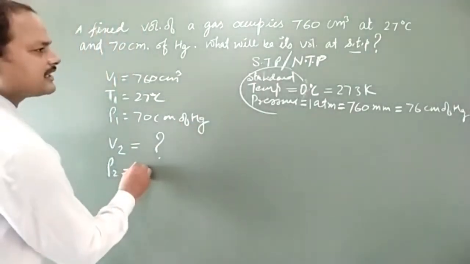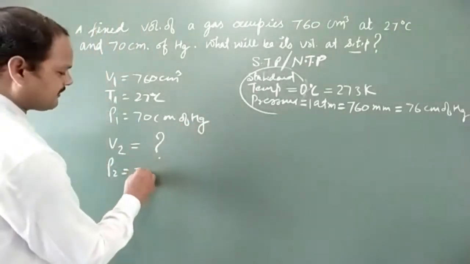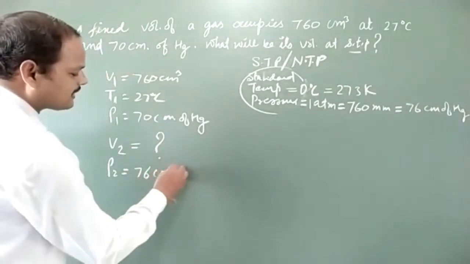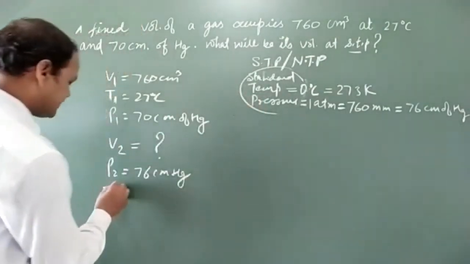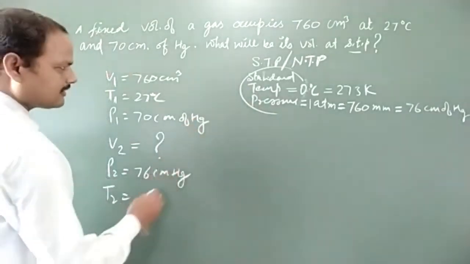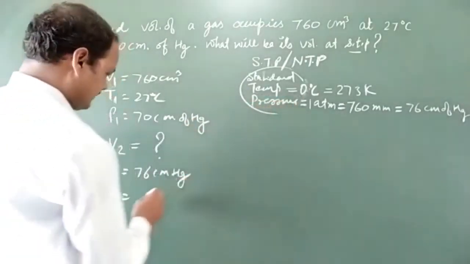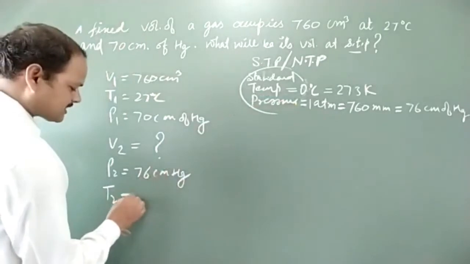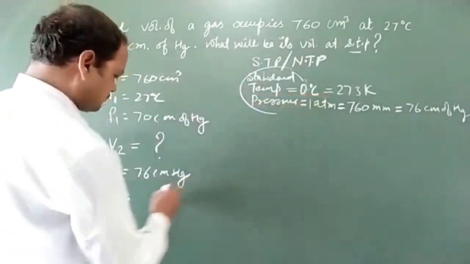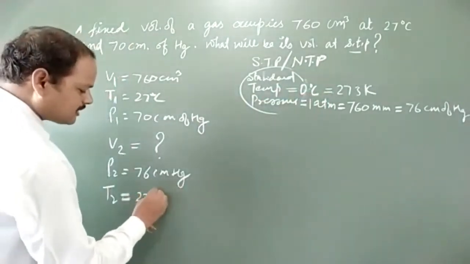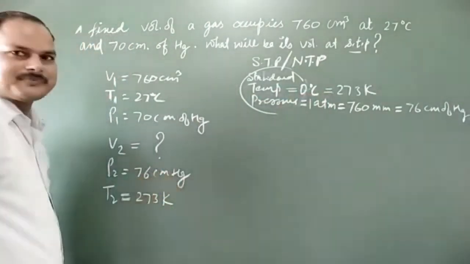So pressure is given here P2, that is 76 centimeter Hg. Now see the temperature T2 is given here. We can take here 0 degrees Celsius, but to solve such numericals 0 value is not suitable, so in Kelvin we have to take 273 Kelvin.